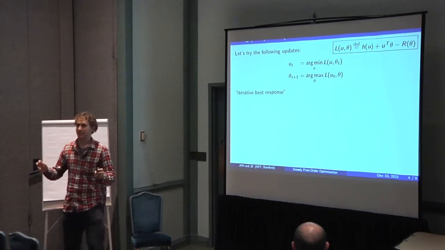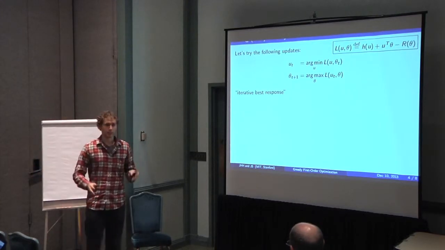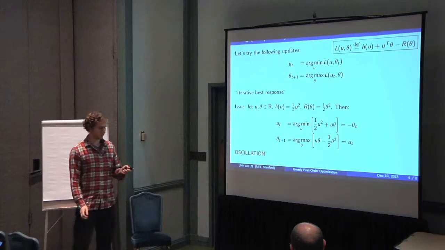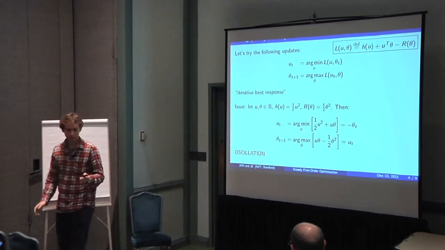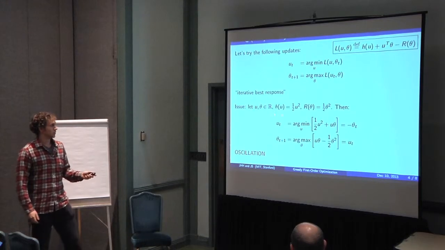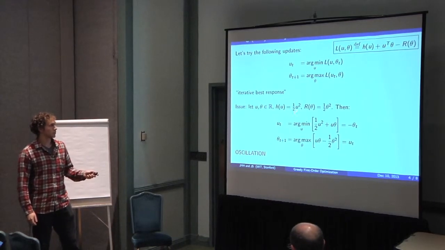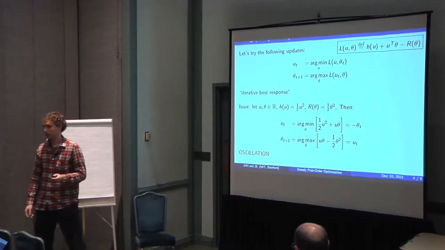You could think of this as the most greedy thing you could ever do, right? We're just going to iteratively pick the best response, but this doesn't work. There's actually a very simple counterexample where you get oscillation. You just make everything in one variable. H will be quadratic, R will be quadratic, and then we can work out everything in closed form.